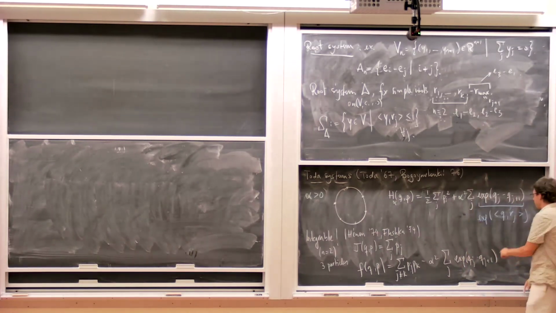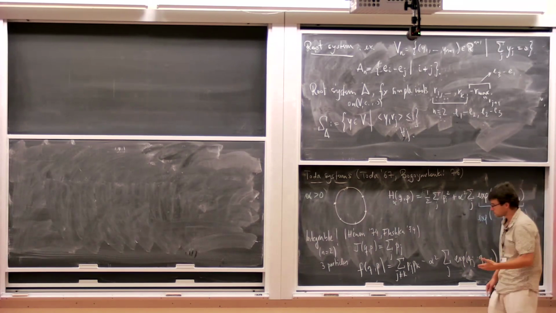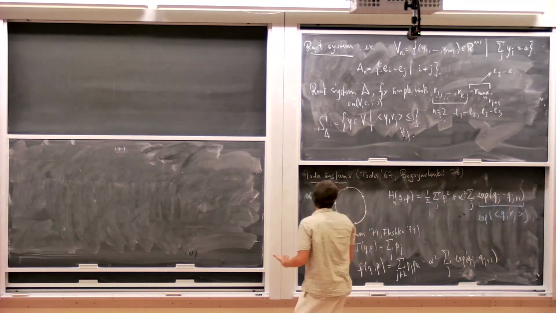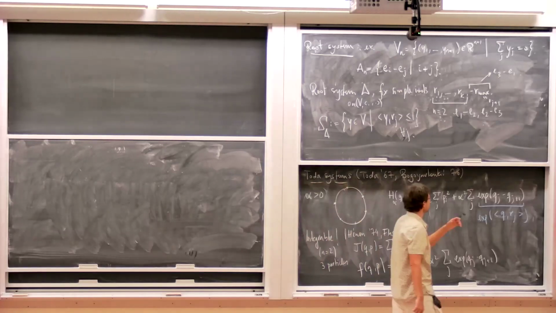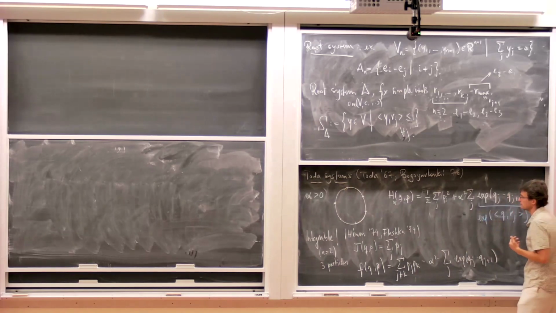So he said, how about I just take any irreducible root lattice and I just stick it in, and it's still integrable. And so for every irreducible reduced root lattice, you get a different integrable system. And these are called generalized Toda lattices.